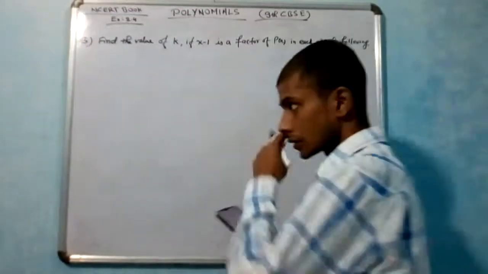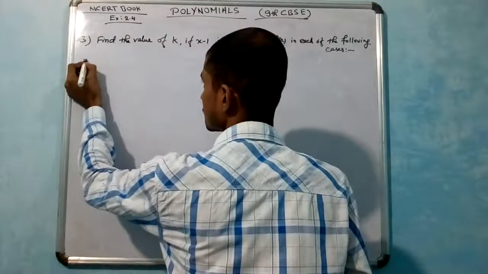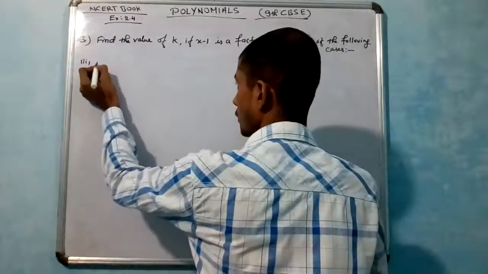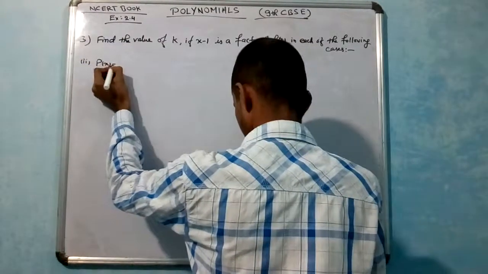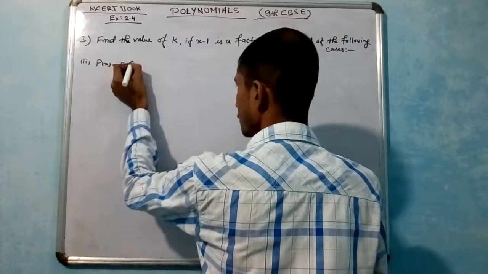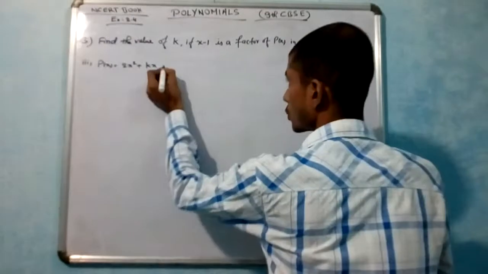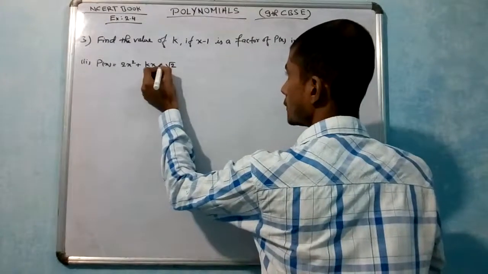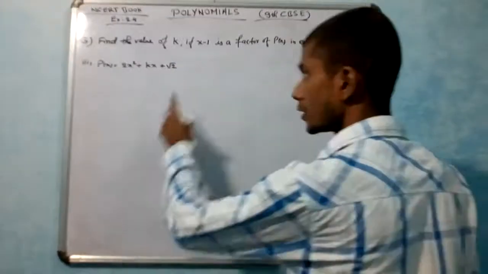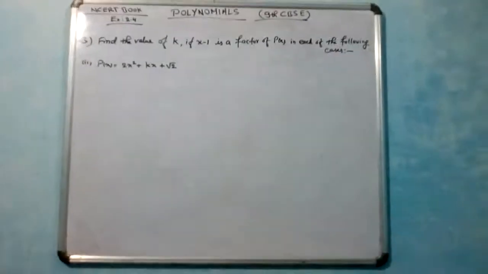Okay, so the second one, p(x) is given. What is p(x)? p(x) is 2x square plus kx plus root 2. Okay, video clarity is okay. Fine.